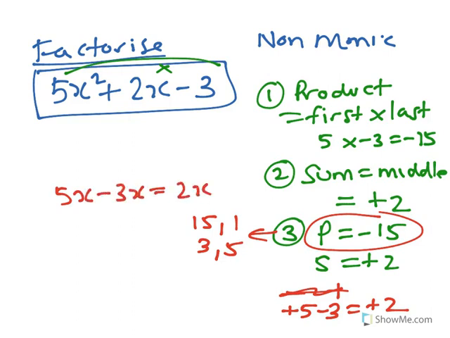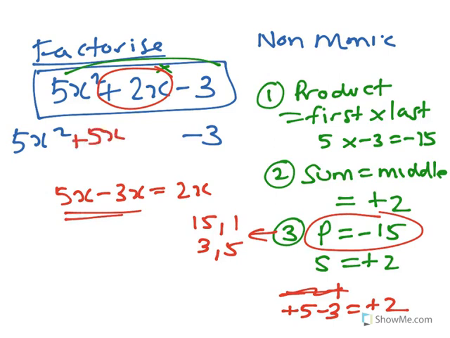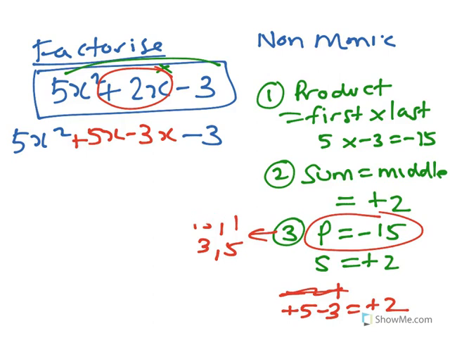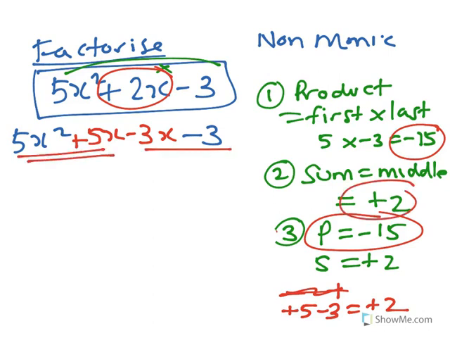So what you do now, if you take the 5x squared and the minus 3, we're going to take the plus 2x and replace it with plus 5x minus 3x. When you do that, what you've actually done is a double grouping. You've got a group there and a group there, so you factorise each group separately.